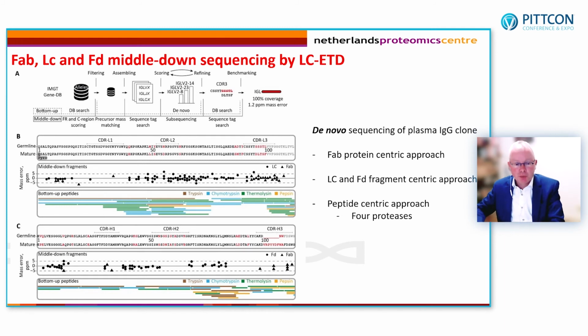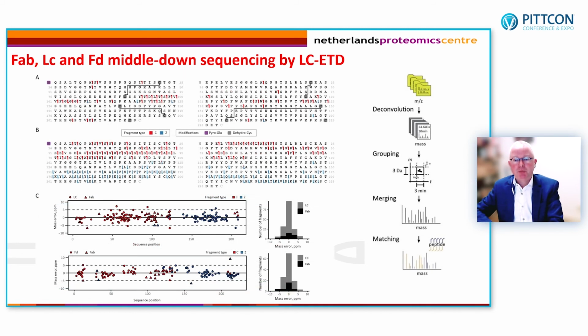spectrometry, also by bottom-up mass spectrometry, using different proteases. And by combining all this data together on the Fab, on the light chain, on the Fd, on the peptides that we made with these different proteases, we derived, and this was quite a task, the full de novo sequence of this antibody.